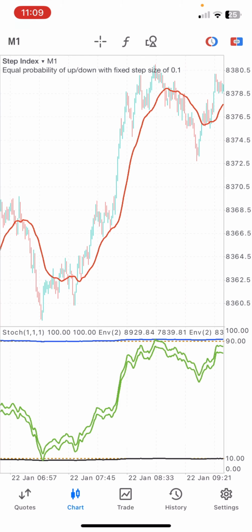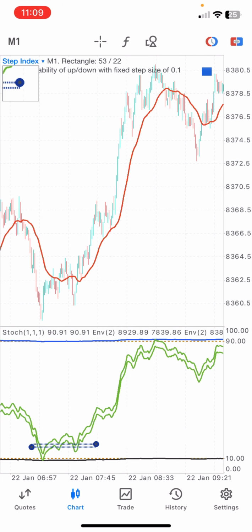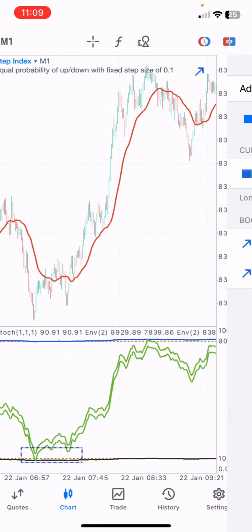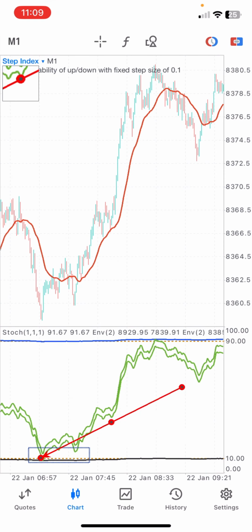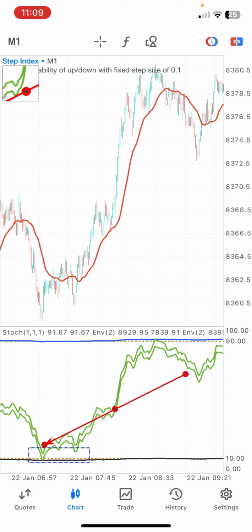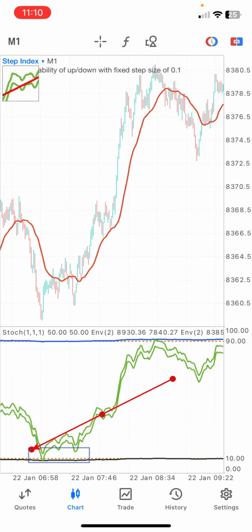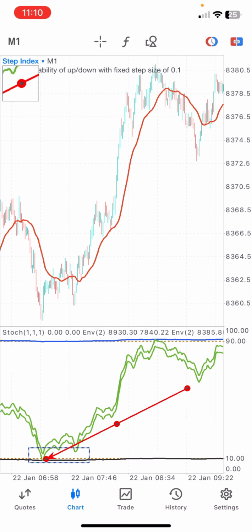So now the first condition we want to see is that right here on the stochastic oscillator and the envelope line, we have to make sure that the price touches the 10 level of the stochastic oscillator and also touches the envelope line. So these two criteria have to be met. Sometimes the price might touch the envelope line but not touch the stochastic oscillator.